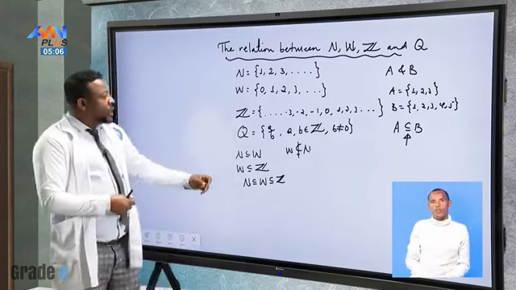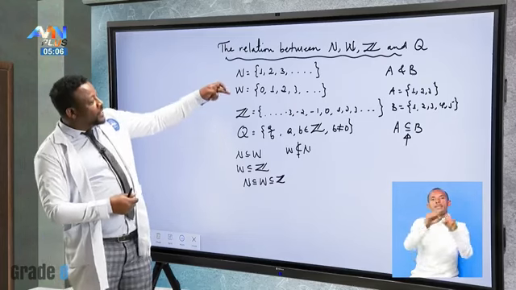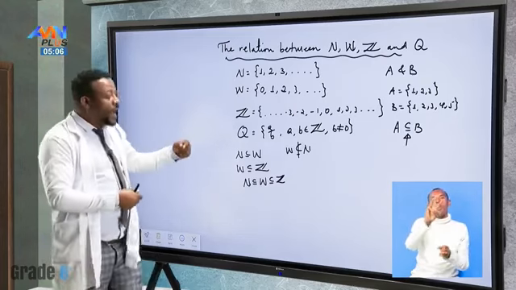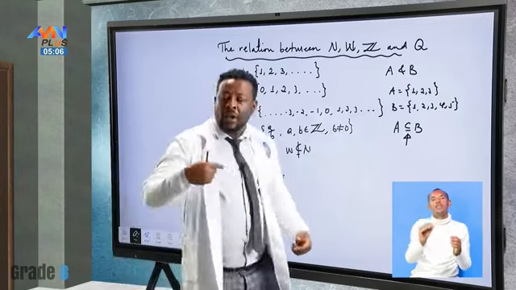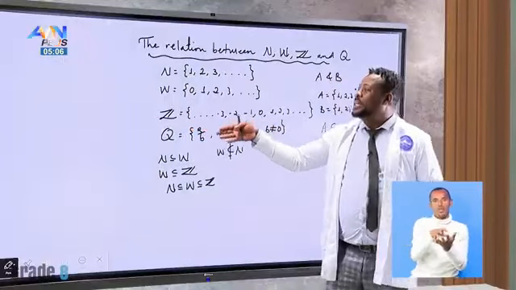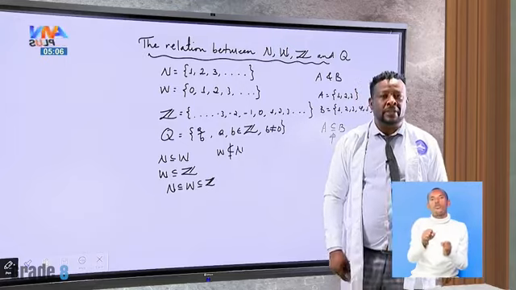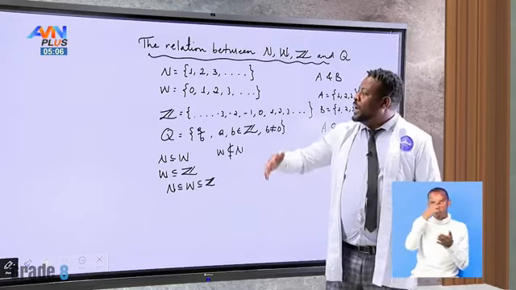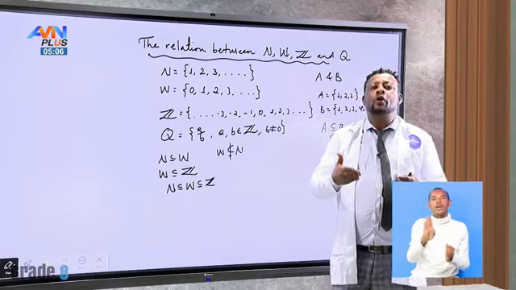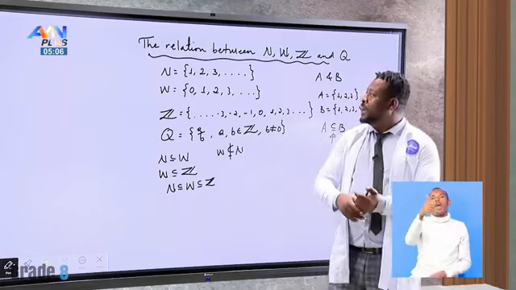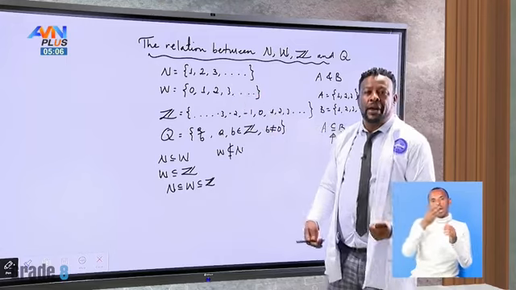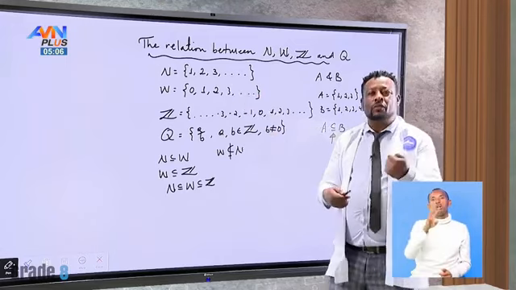So all these sets, the set of natural numbers, the set of whole numbers, and the set of integers can be included in the set of rational numbers, because every one of these sets can be written in A over B form. If you take 3, it can be written as 3 over 1, or you can make it 6 over 2.